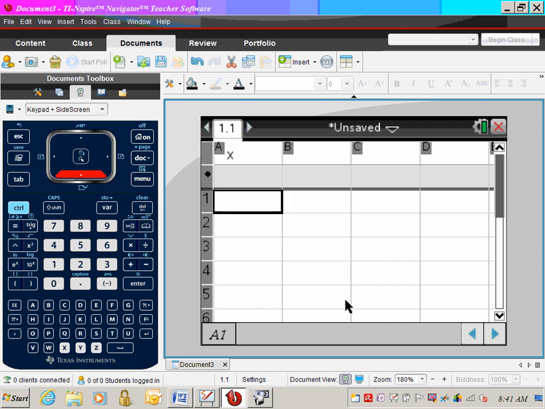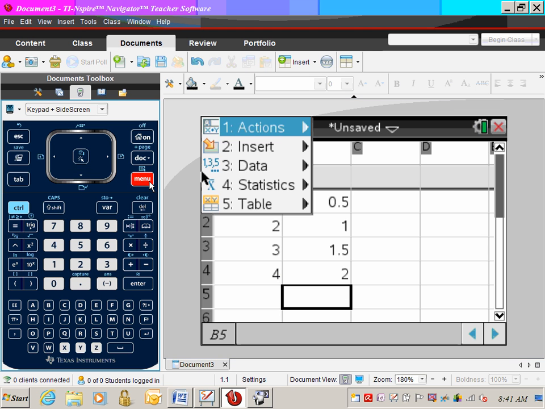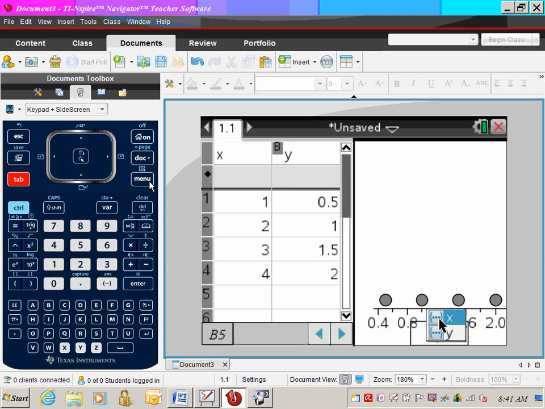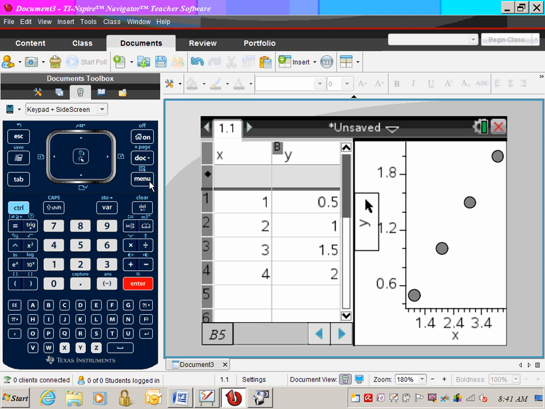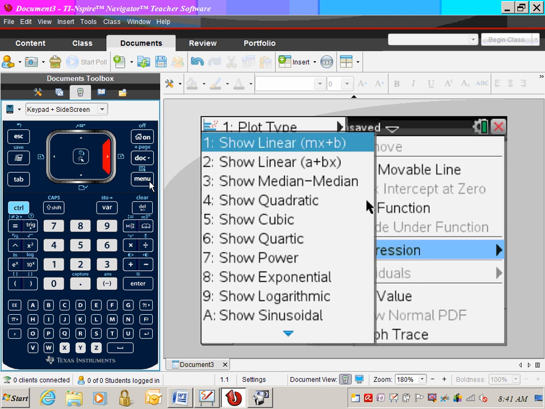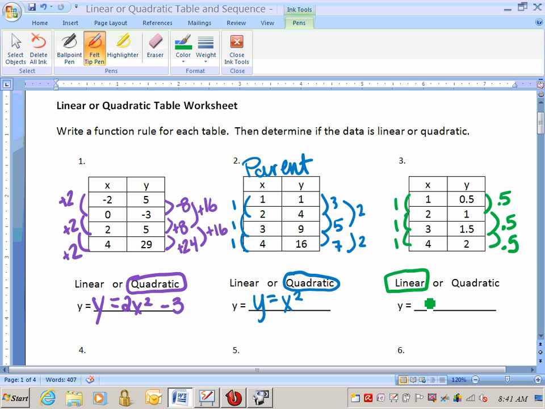Yep. So menu, analyze, regression, and then we're going to go show linear, right? Mx plus b instead of quadratic because it's not quadratic. And our equation is y equals 0.5x.